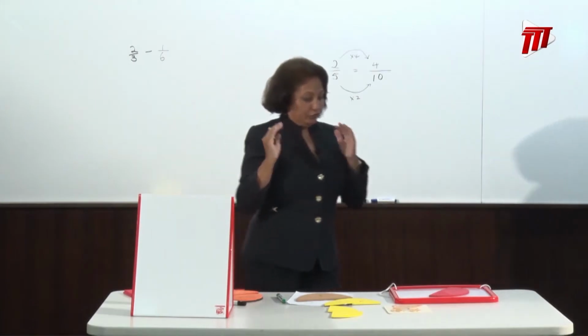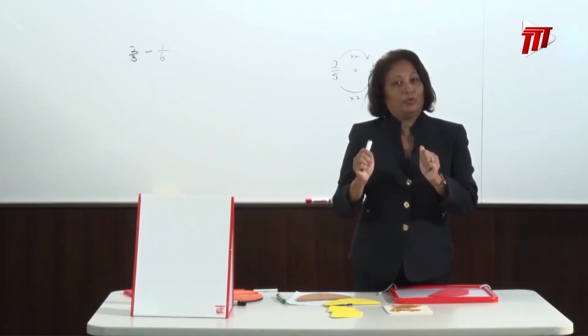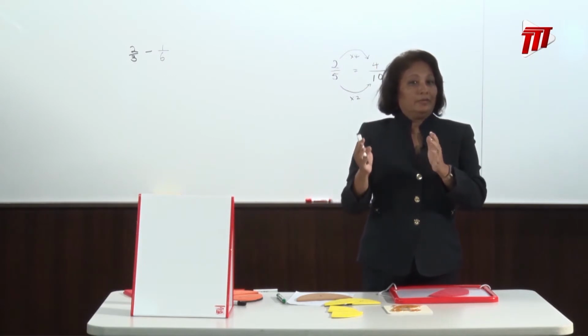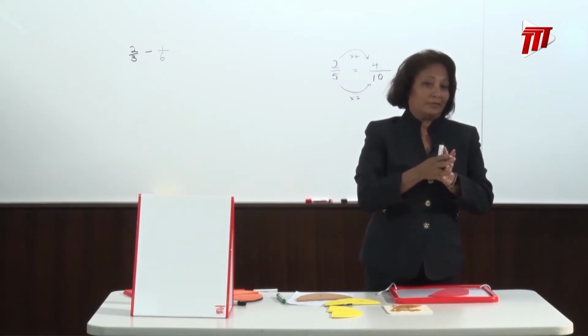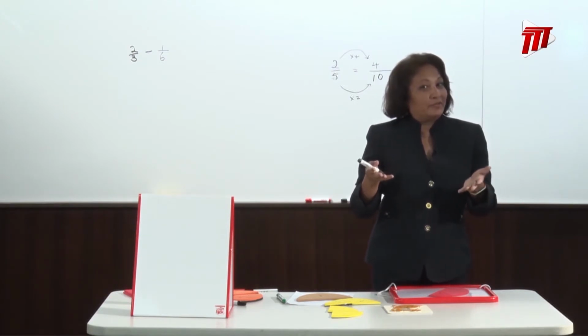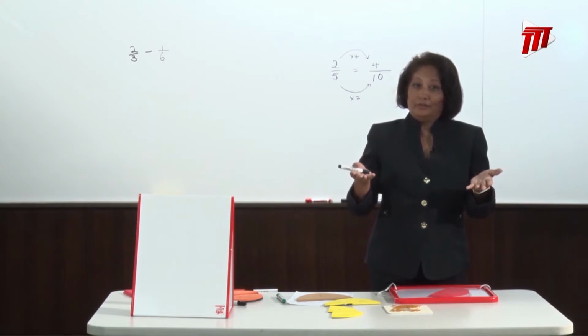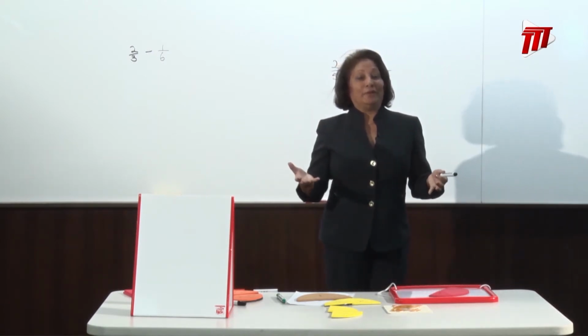Okay, so we check. We have a question where we have to work out the difference. We have 2/3 minus 1/6. First thing we check, are the denominators the same?